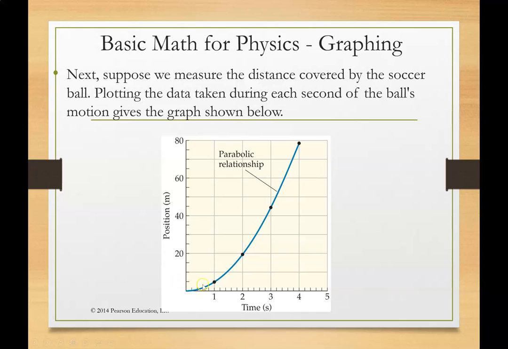That's different than a parabolic relationship. This is a relationship where as time increases, your position increases faster. So we're going to see that it's more of a squared relationship.